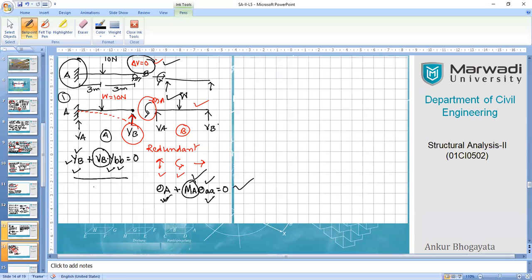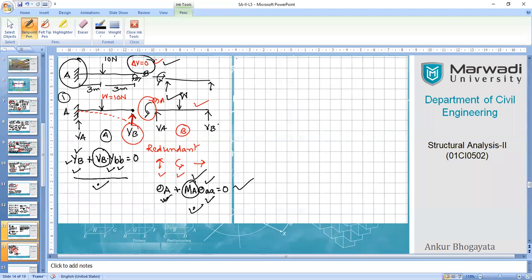Here we have written these equations because we want to apply the concept of consistent deformation, and we have shown that the consistent deformation method is satisfied at each end.